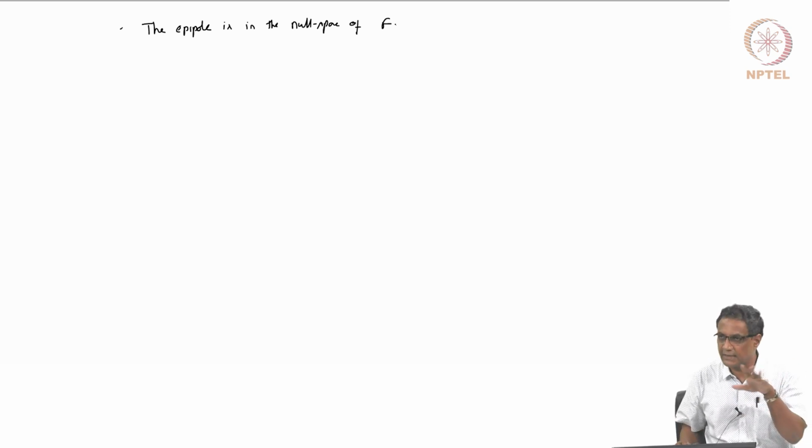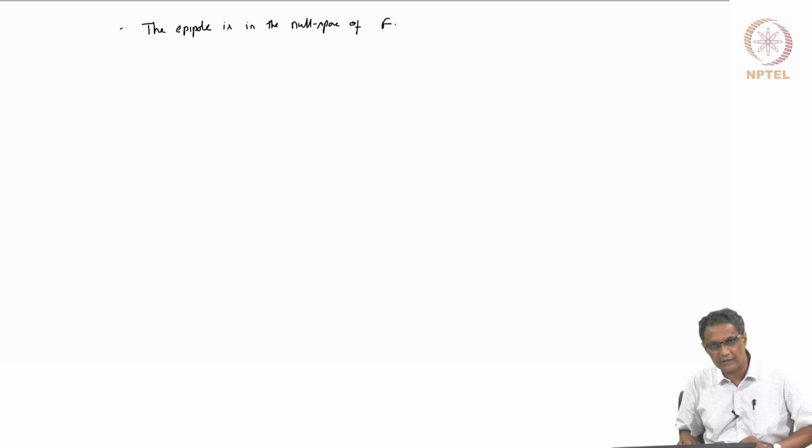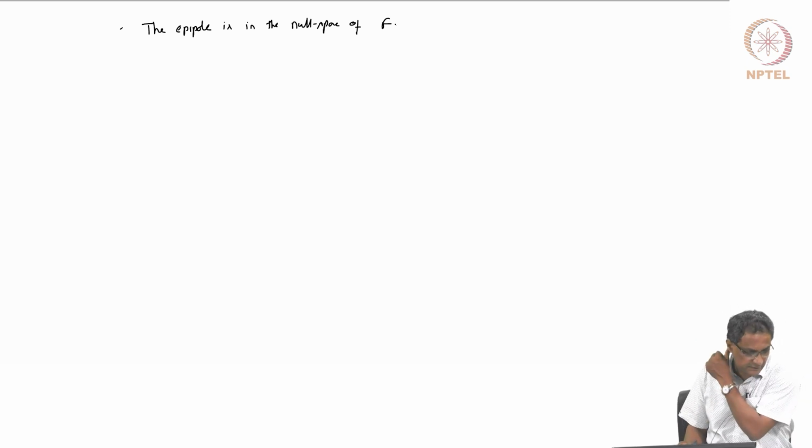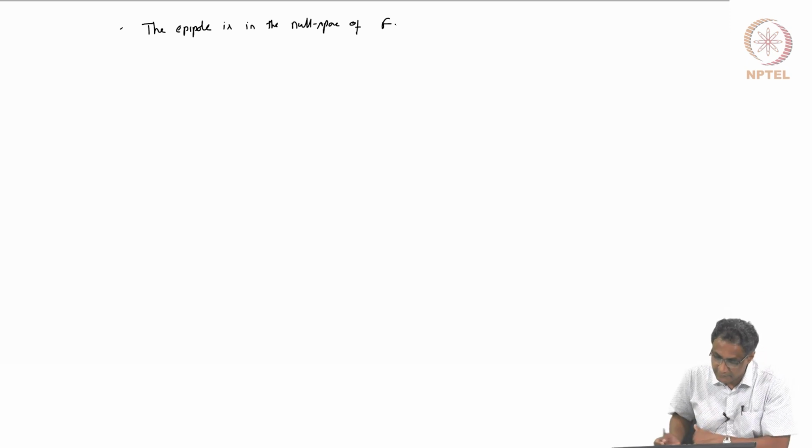That means, even though there are 9 elements sitting inside it, actually only 8 are unknowns, because you can only find it up to a scale factor. But now there is one more thing entering, which is that the epipole is basically a null vector of F.